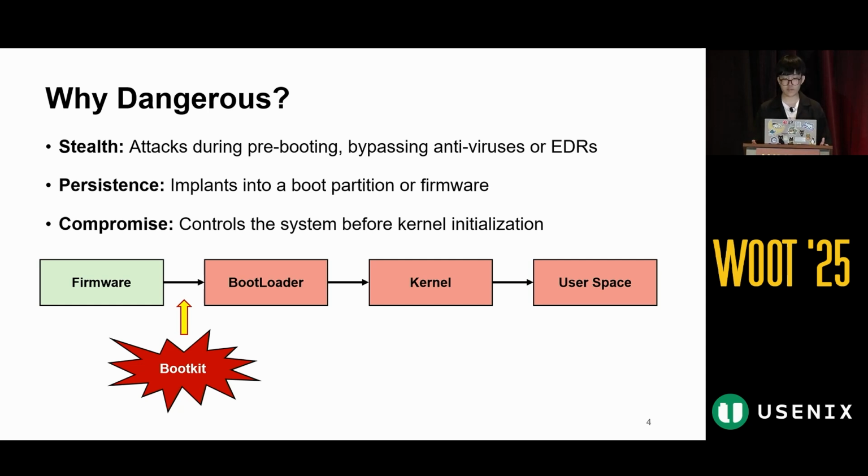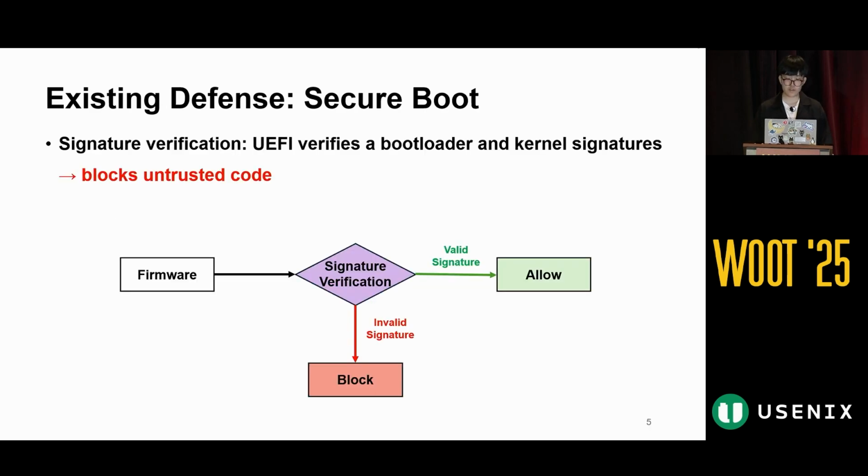They also achieve persistence by implanting themselves into the boot partition or firmware, allowing them to persist across every reboot. By gaining control before the kernel boots, they can hook any code or disable mitigations, which results in full system compromise.